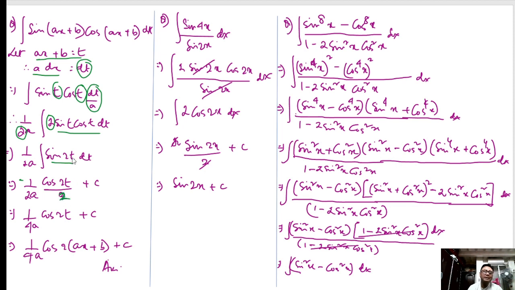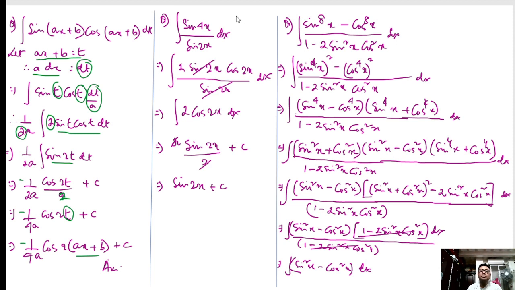Integration of only sine x is minus cos x, so sine 2t will be minus cos 2t by 2. So this becomes minus 1 by 4a cos 2t. Now replace the value of t, which is this. So this is the integration of this.